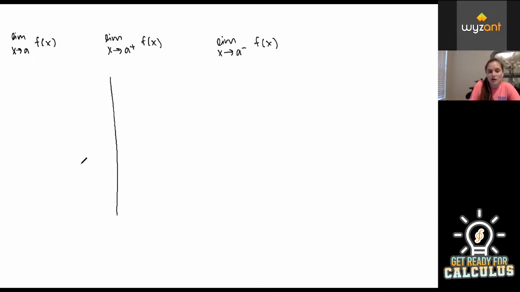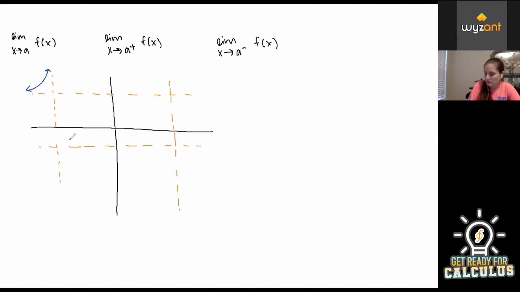Graphically, what we're talking about when we're saying that, let me get a little sketch here. Put some asymptotes on it. Okay, let's say that we have a function and asymptote there.